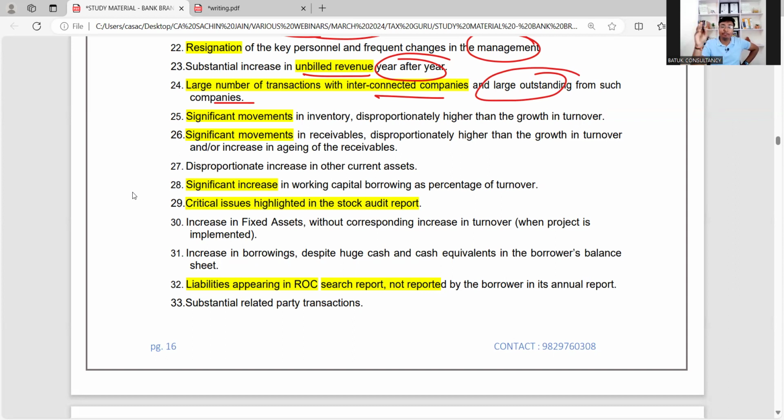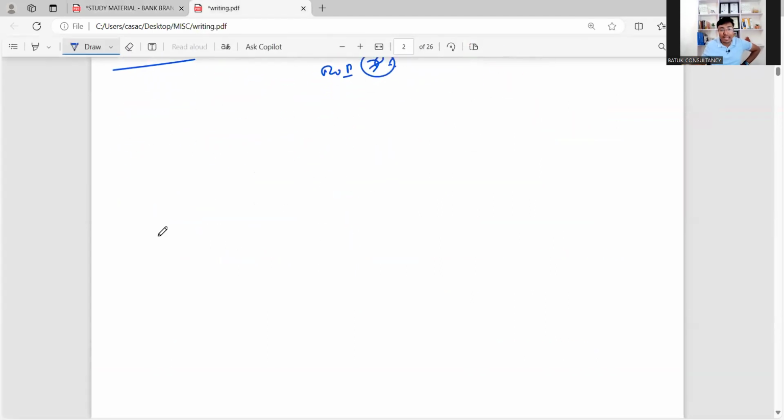Suppose there is a loan taken from the sister concern, or there is a transaction with the sister concern. Suppose there are sales to the sister concern and purchases from the sister concern. In that case, we need to check the sanction letter as well for the consideration of the inventory from the sister concern. Because here there may be chances: I have X Limited, Y Limited is a sister concern, Z Limited is a sister concern.